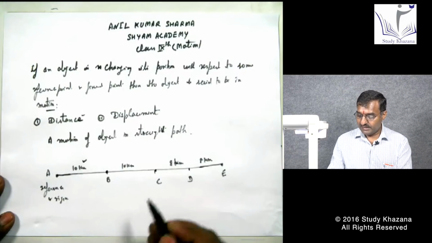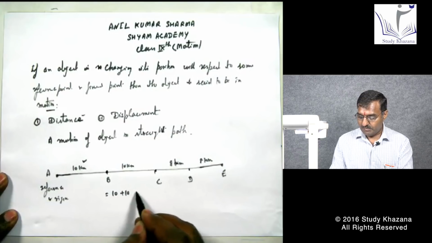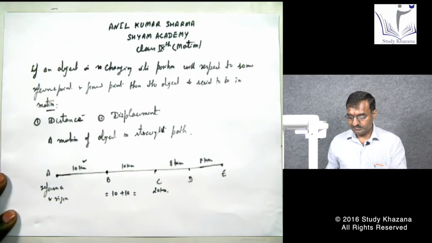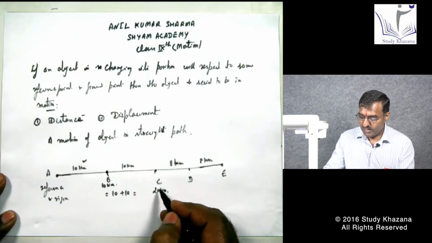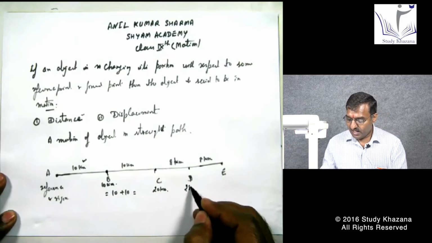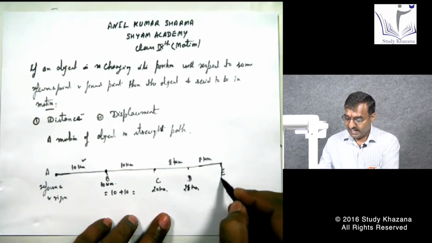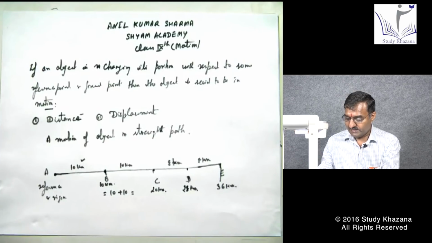If he further reaches point C, the distance covered is now 10 plus 10, 20 kilometer. Again further at D, how much will it become? It is becoming 28 kilometer, and here it finally becomes 36 kilometer.